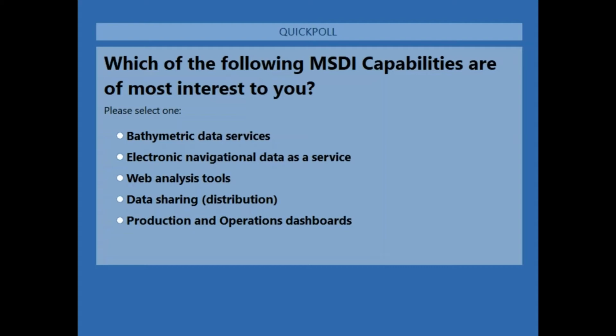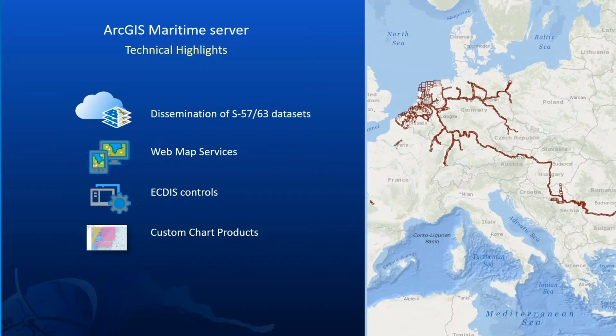We have about 25% of the responses for electronic navigational data as a service, and then web analysis tools and data sharing and distribution are next, and then production and operation dashboards last with less than 10%. So thanks again. Looks like bathymetric data services is of most interest to you, and the electronic navigational data as a service is second.